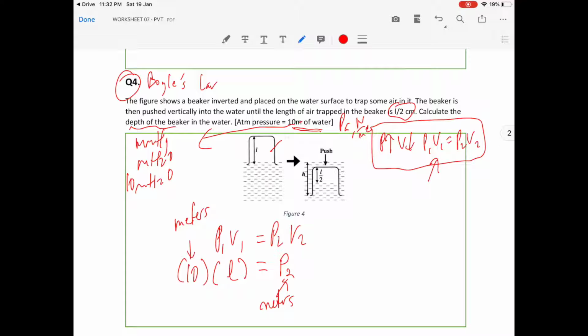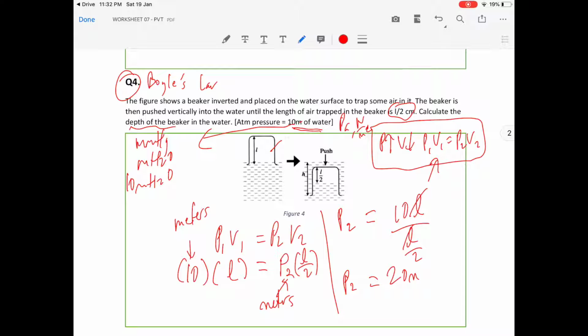Trust me, you'll get the depth once you find the pressure. So V2 is L over 2. If I rearrange this equation, P2 equals 10L divided by L over 2. We will get P2 as 20 meters.